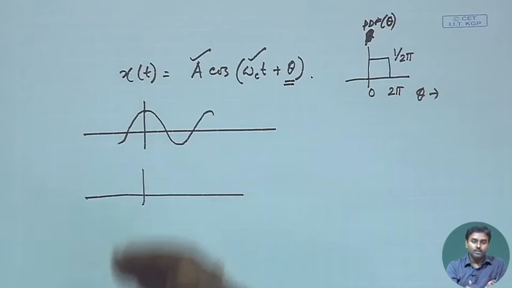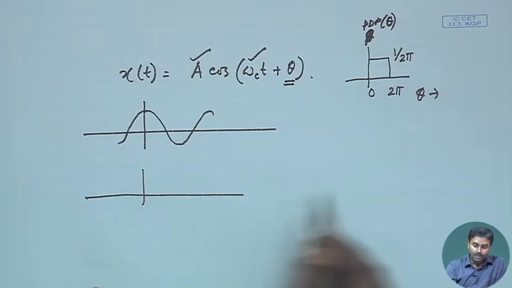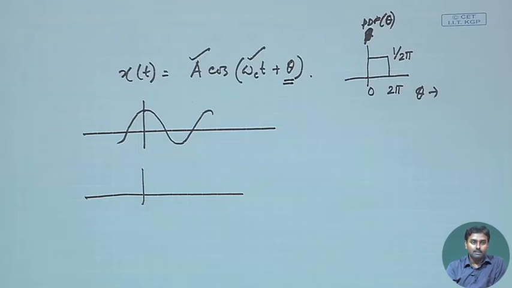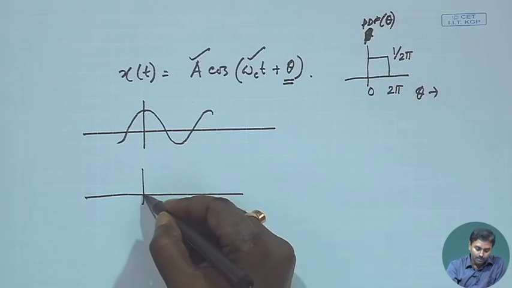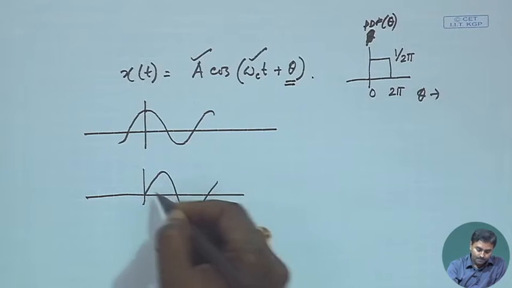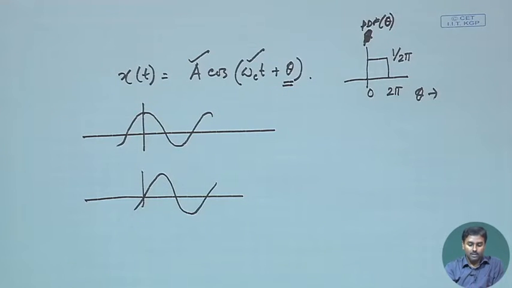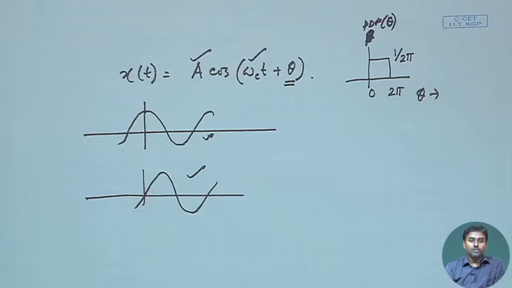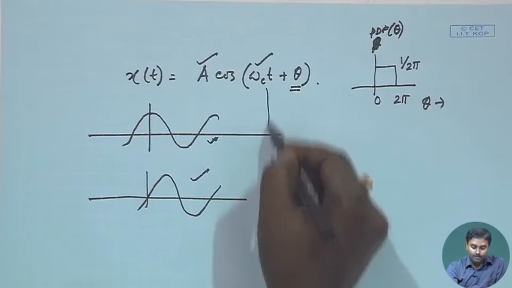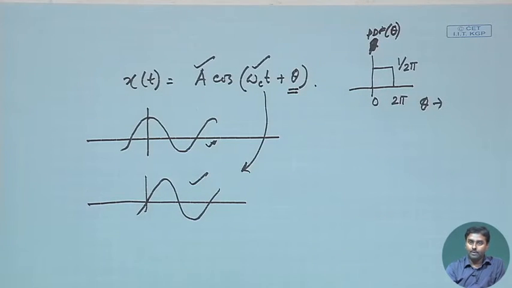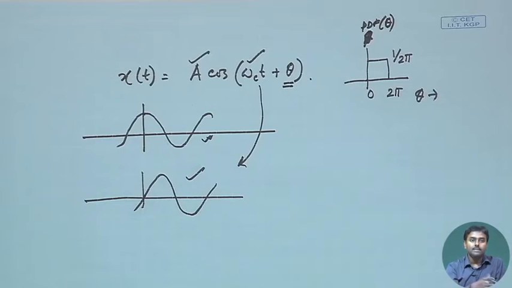So, all those sample signals, even when theta is probably pi by 2, then immediately it becomes sine. So, it will be something like this. This and this two are valid signals generated from the same random process, only when theta varies.